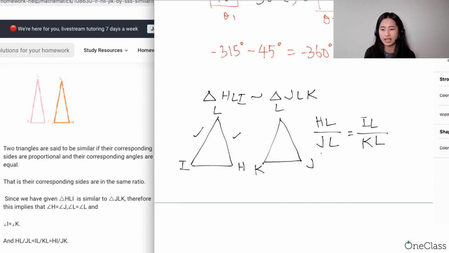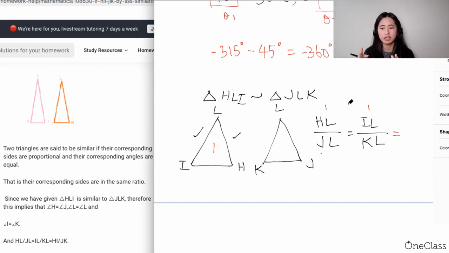So based on this SSS theorem, you can say that this should be equal to HI over JK. How do I know the numerator needs to be HI? Well, you're referring to triangle 1. I'm saying that HLI is your triangle 1, so as you can see, all of the numerators, all of the sides, are coming from triangle 1. So you need to be consistent.